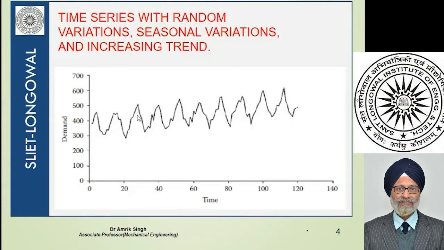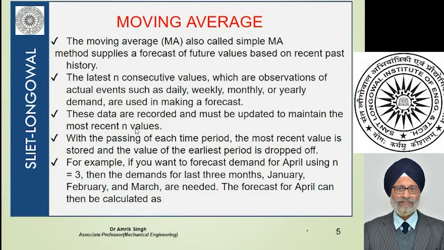The first method in this category is the moving average method. It is also called the simple moving average method, and it supplies the forecast of a future value based on the recent past history. That means we will have the data for the last few months, and based on the recent past, we will forecast the future demand.